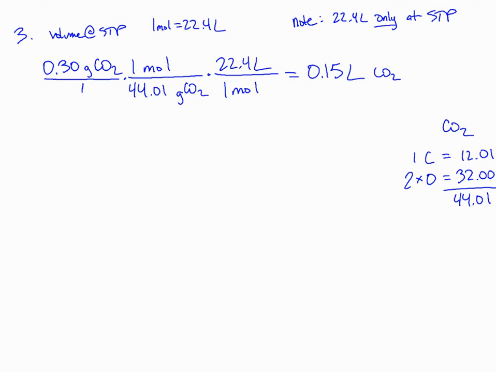All right, so look at the second one. It says find the volume of 0.30 grams of SnO2 solid. And it gives us a density. That's something that we'll need here in a minute.